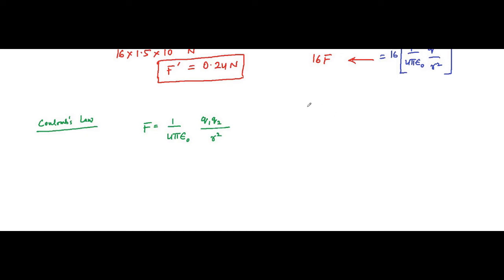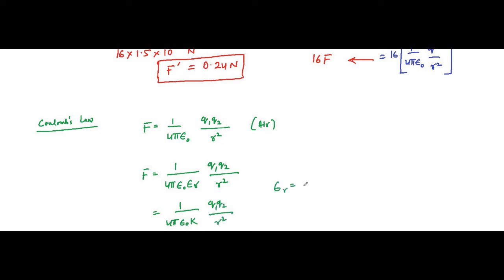This is when the two charges are placed in air, but when they are placed in any other medium, then the electrostatic force is given by 1 by 4 pi epsilon 0 epsilon r q1 q2 by r square, or it can also be written as 1 by 4 pi epsilon 0 k into q1 q2 by r square, where epsilon r or k is the relative permittivity or dielectric constant of the medium.